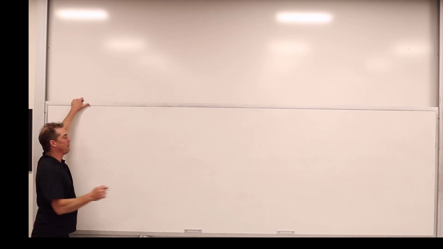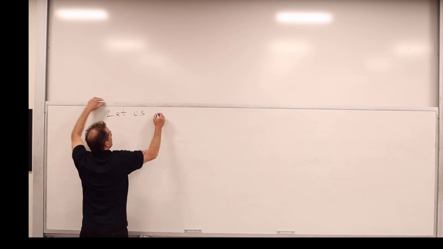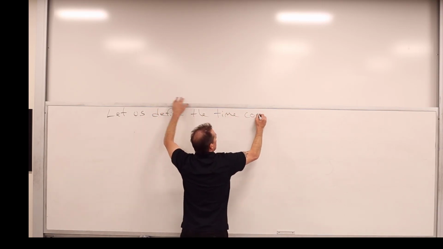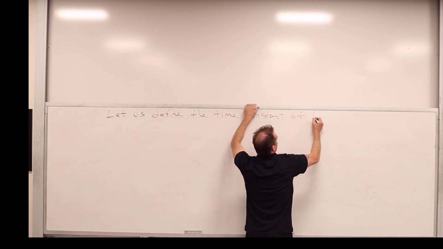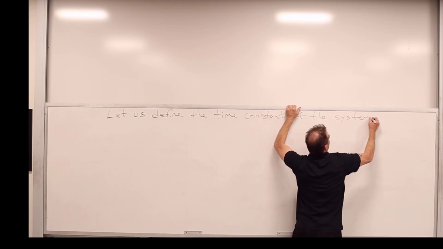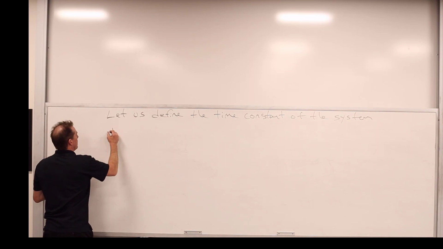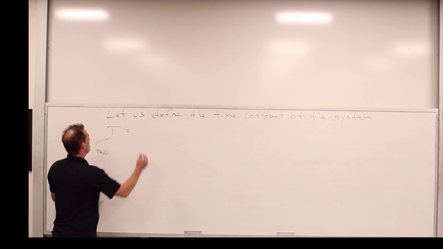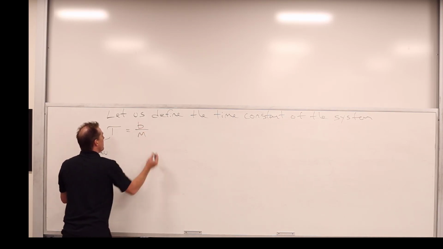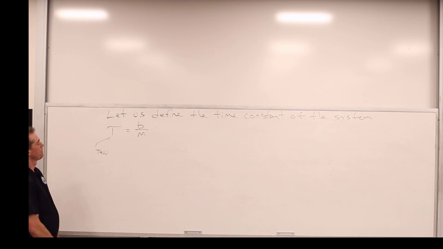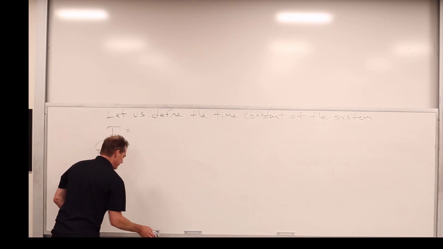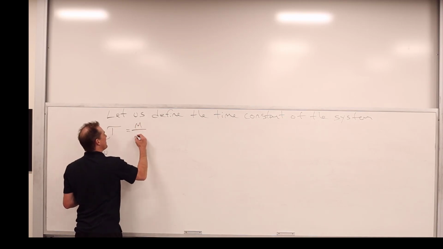Let's define what's known as a time constant. Time constant tau, we're going to say, is equal to m divided by b.